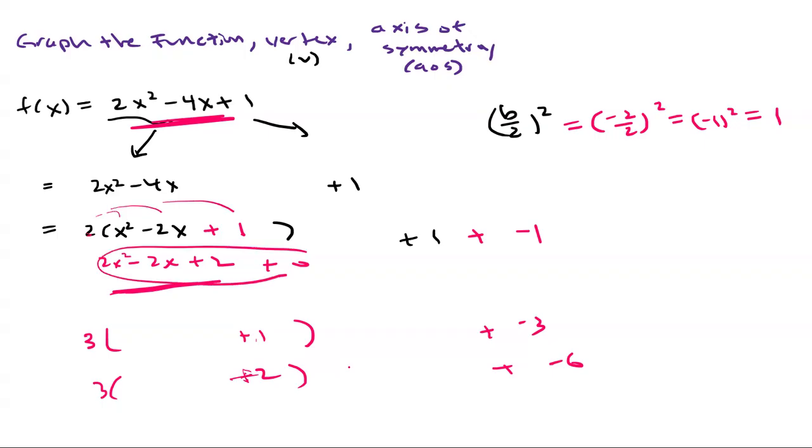So this here is not the same as above. What do we need to do? Well, we need to factor in that we had factored out that 2. In order to balance what we have on this side of the equation, we have to multiply this 1 by 2. If we multiply this 1 by 2, we get a positive 2. So instead of adding a negative 1, we add a negative 2.